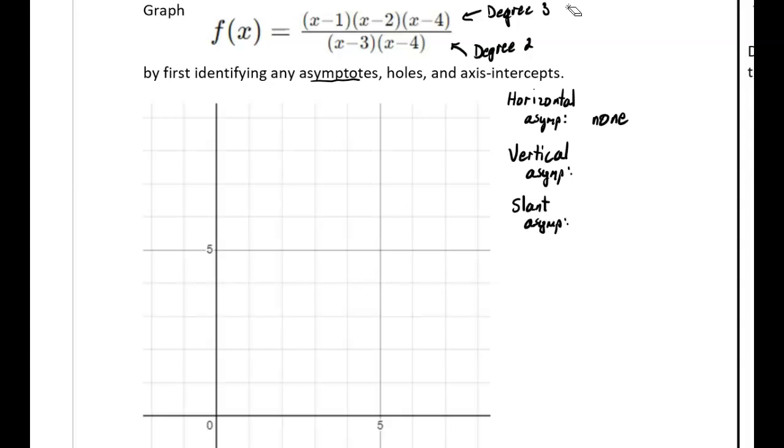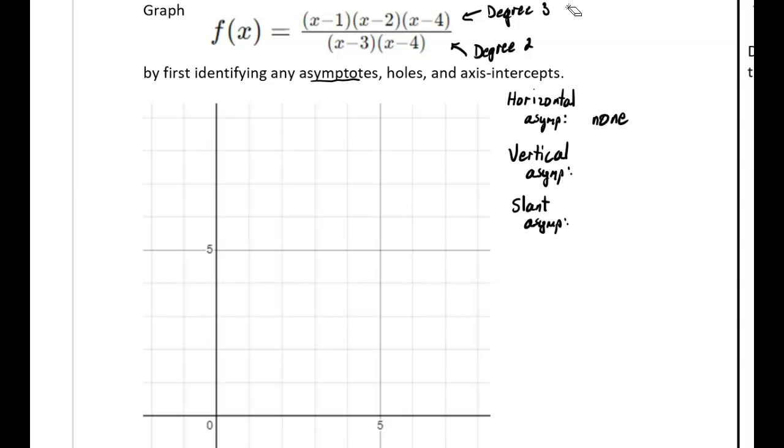If the degree of the numerator was equal to the degree of the denominator, for example, if both were degree 2, then there is a horizontal asymptote, and the equation of that asymptote is found by comparing the leading coefficient of the numerator to the leading coefficient of the denominator. If the degree of the denominator is greater than the degree of the numerator, then the horizontal asymptote is the x-axis, the line y equals 0.